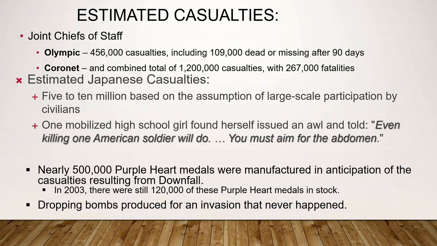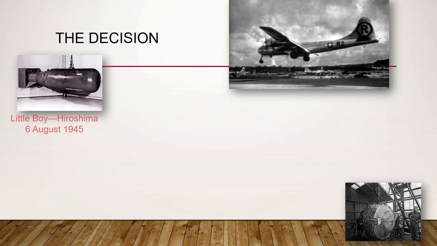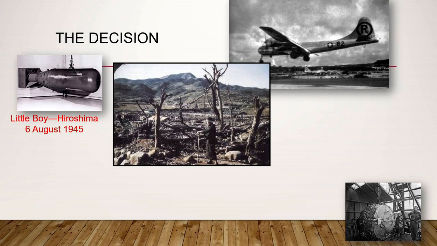When I was in Afghanistan, 2007, we were still dropping bombs that were made for the invasion that never happened. In other words, we fought the Korean War, we fought Japan or Vietnam, we fought all these other wars. And with all those wars, we still have stuff left over from World War II that was never used because we never invaded Japan.